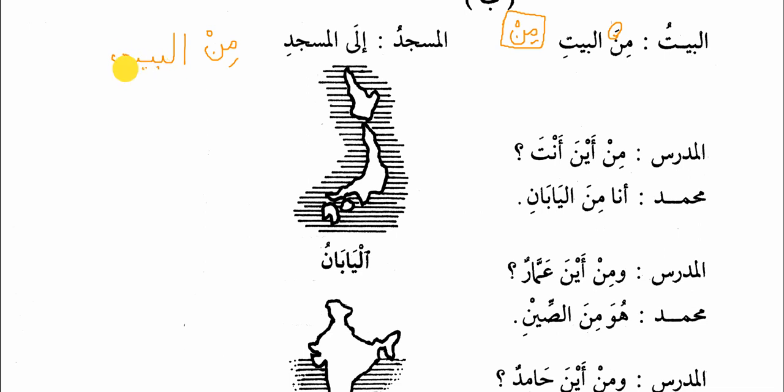Now, we know that this lam of ta'rif will have a sukoon. And when we read, we omit the alif. Now, when you come across such nouns, min, what will you read? Min. In Arabic, no word starts with sukoon.